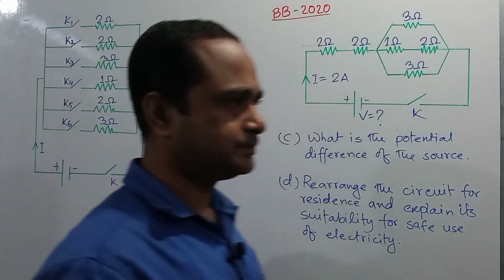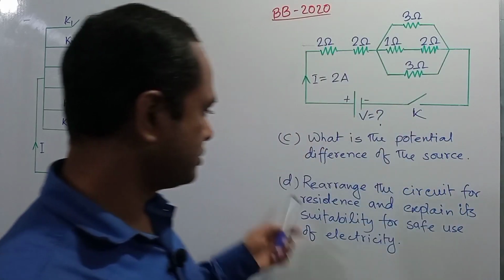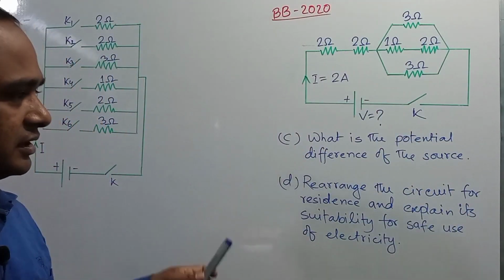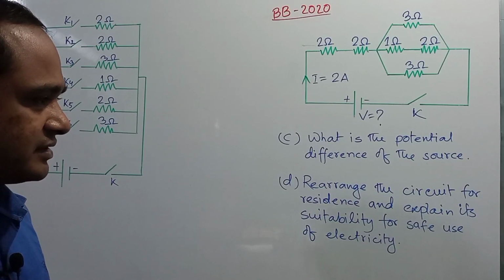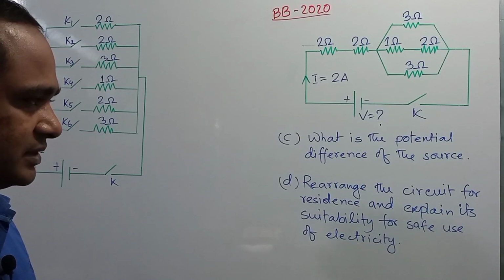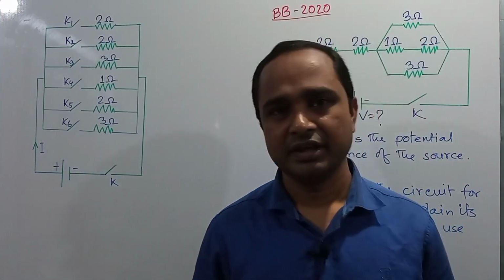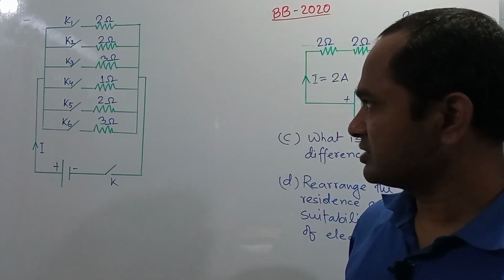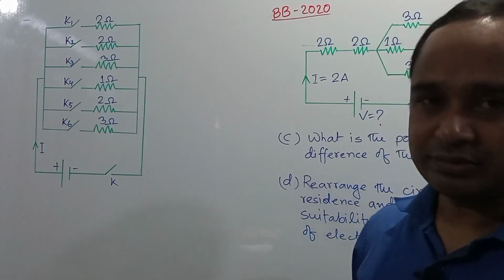Dear students, now we are going to see the solution of the last question, that is, we need to rearrange the circuit for the residence and explain its suitability for the safe use of electricity. Dear student, in our previous question we have already mentioned that for domestic use or residential use we need to use a parallel combination.